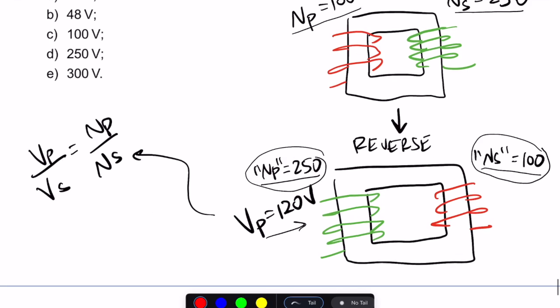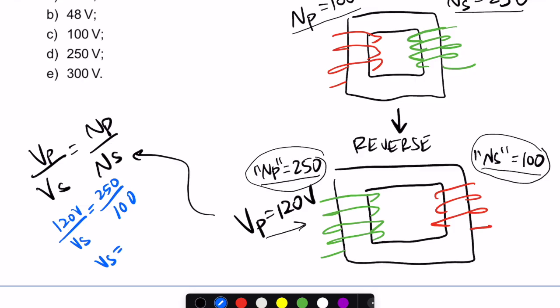So let's set up our equation. We know that the voltage is proportional: VP over VS is equal to NP over NS. And we're using our new values. We're inputting 120, so we have 120 volts over our unknown is equal to 250 over 100.